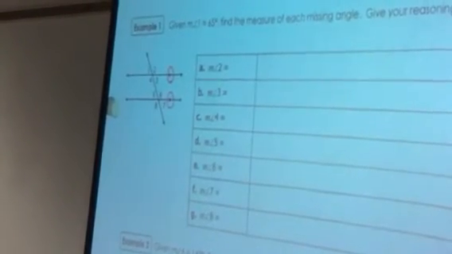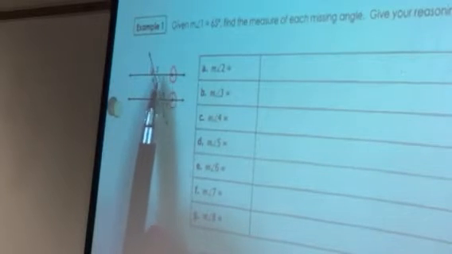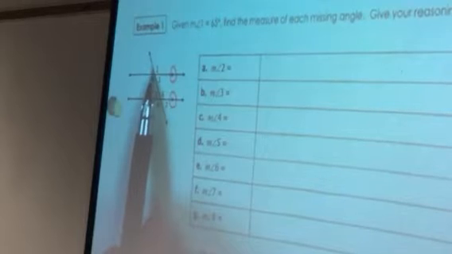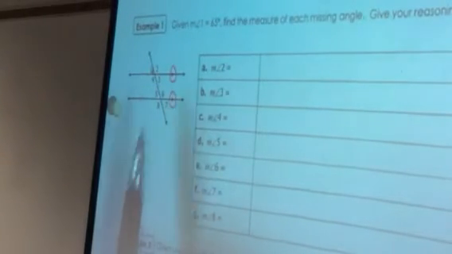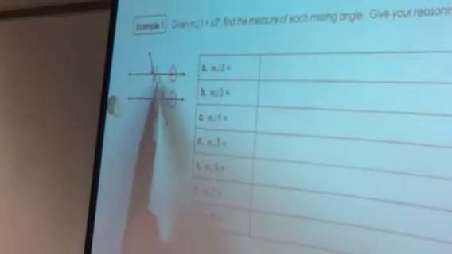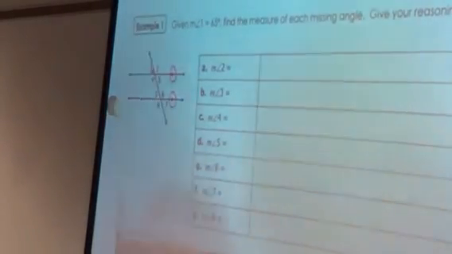So if I start with angle 1, I know the corresponding angle to angle 1 is going to be congruent, right? Remember that little arc inside the angle means that it's congruent. So what is angle 1 corresponding to? 1's in the top left, and so 5's in the top left. So 5 will be corresponding.